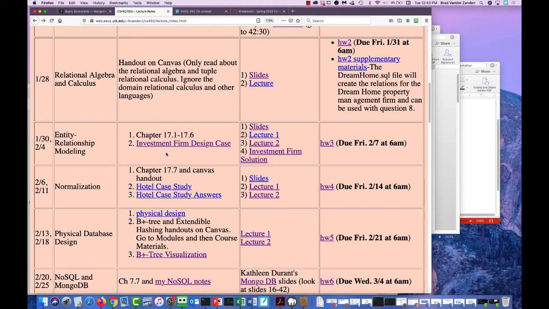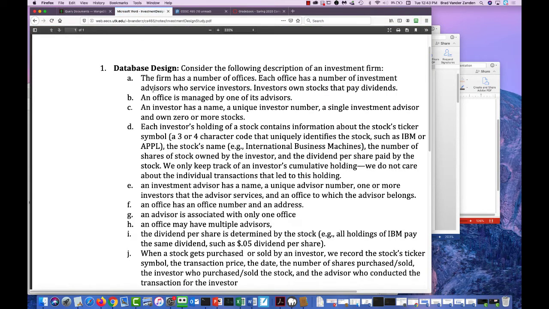Because today probably won't be a super long day, but it's important because we're going to go over how to create an ER diagram from a design case. And you know how I picked this design case? I gave it on a test once, and out of like 25 points, I think the median was like 10, which showed me, and then I went back and looked at the homework assignments, and everyone had also bombed the homework assignment.